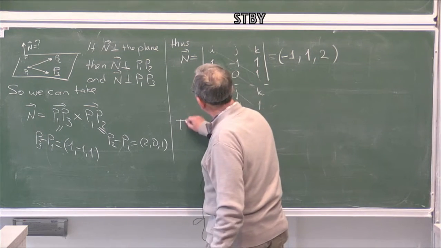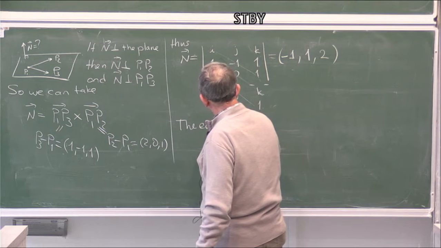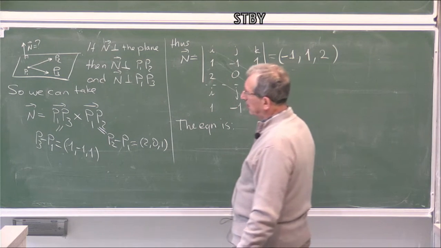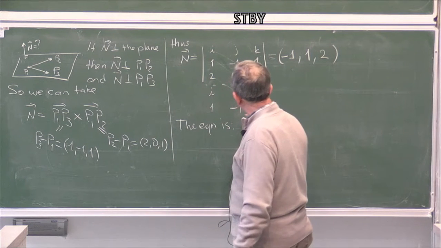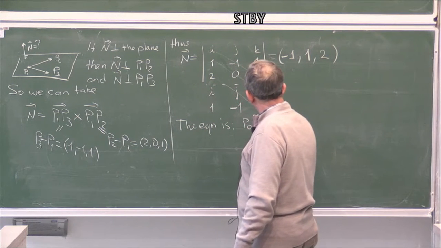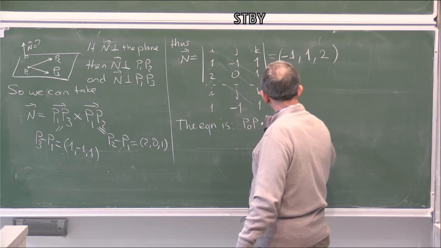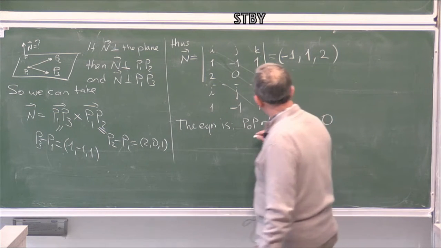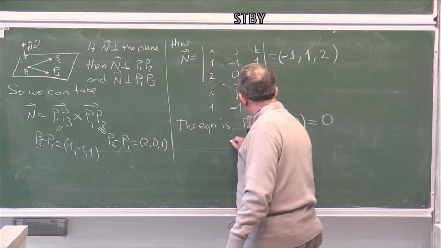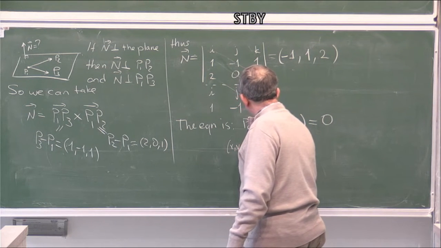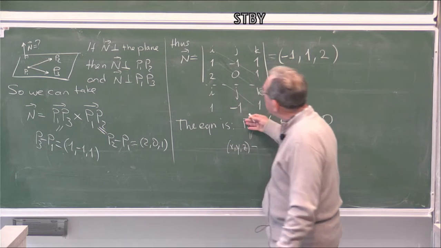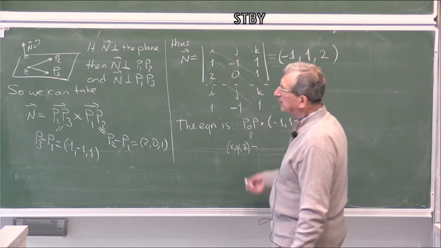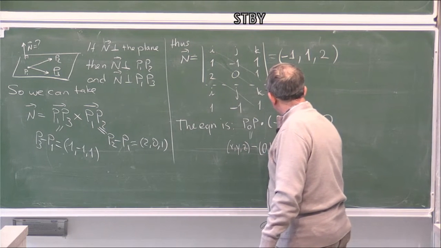So the wanted equation, P0, P dot minus 1, 1, 2 is 0. Now, of course, this is x, y, z minus any point on the plane, for example, P1, so say 0, 1, 0.